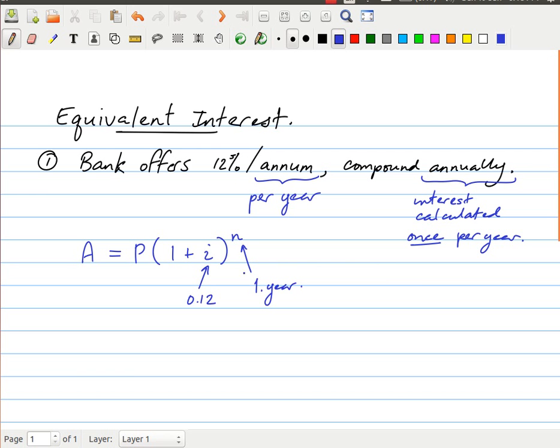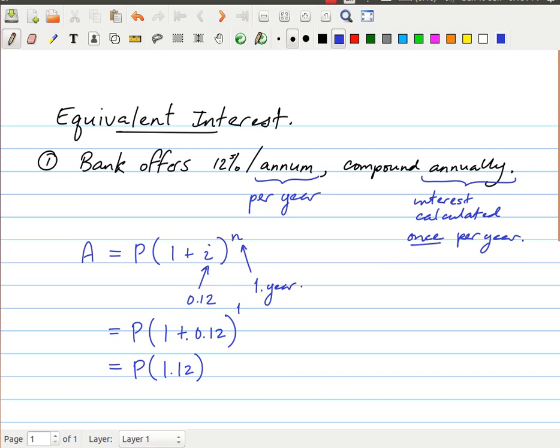And so we would do this calculation and we would end up with something. I'm not even going to bother putting in values here. We would end up with the principal multiplied by 1 plus 0.12 to the power 1. And that is equal to simply the principal times 1.12 to the power 1, which is simply 1.12.